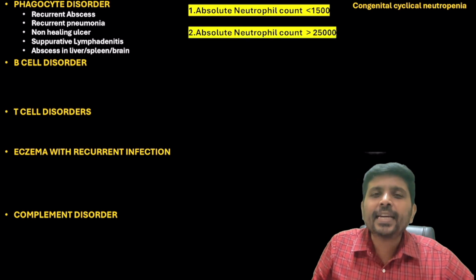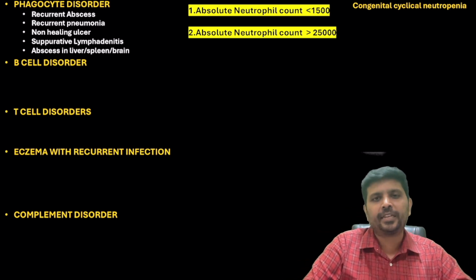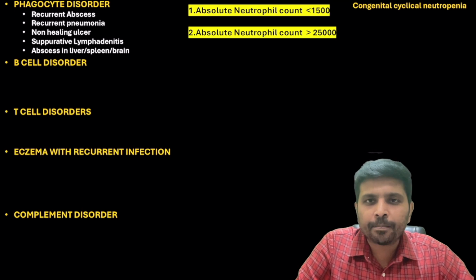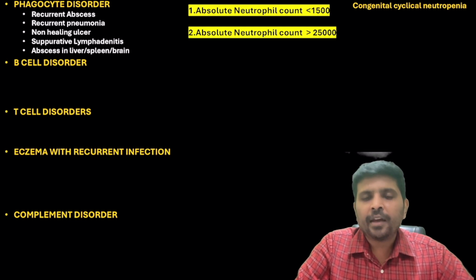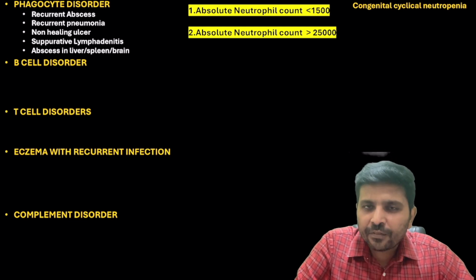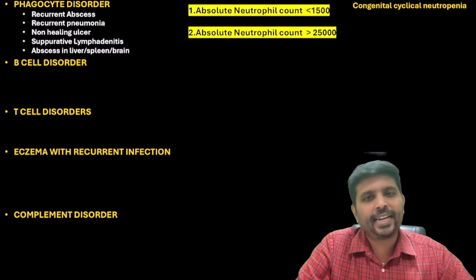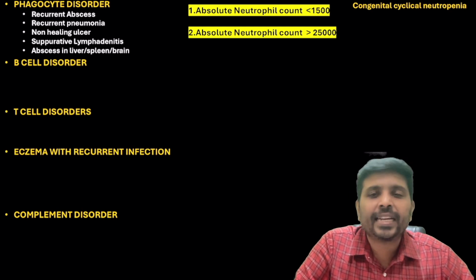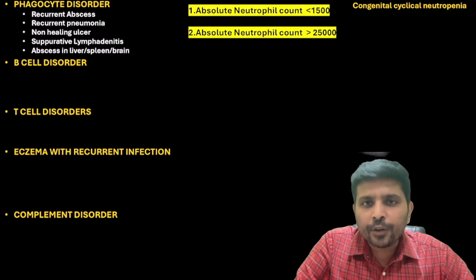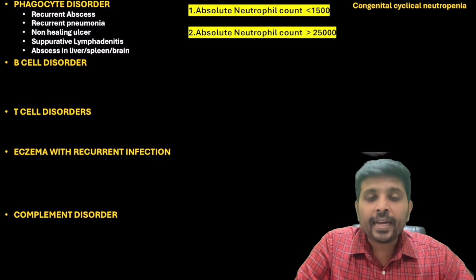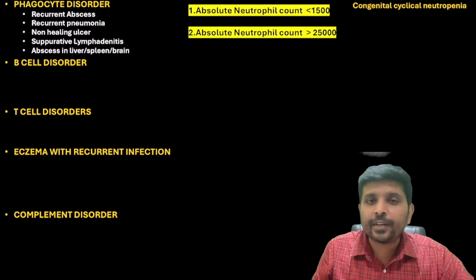Second question is an increased absolute neutrophil count of more than 25,000 cells per cubic millimeter. So what does it mean? The answer is simple. The first one is quantitative, the second one is qualitative. Whenever we see a case of infection with an increased neutrophil count, we often think in terms of a leukemoid reaction, where your bone marrow responds to that infection. But it is not so. In this modern era, whenever you find an increased neutrophil count, it can be a manifestation of an underlying neutrophil qualitative disorder.